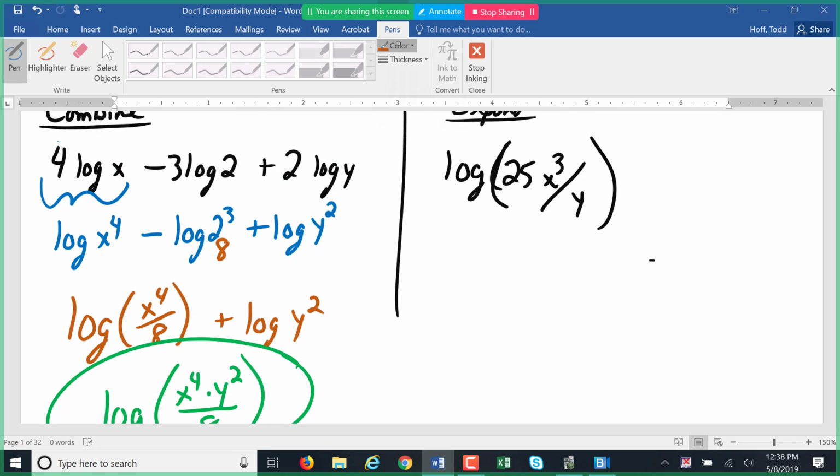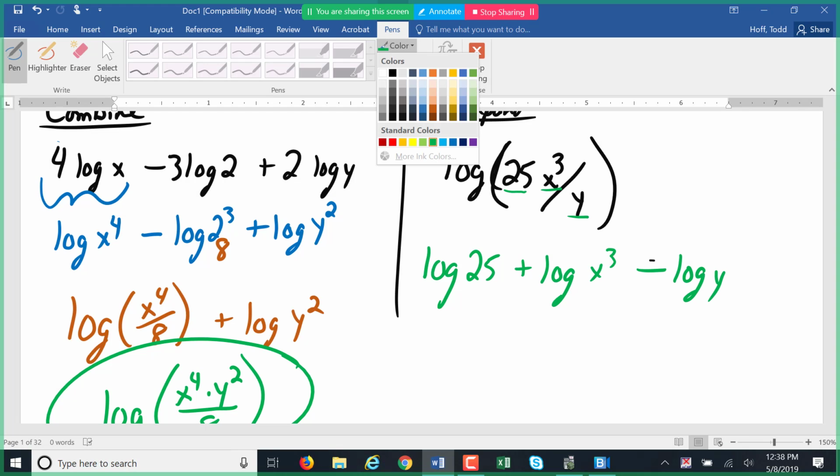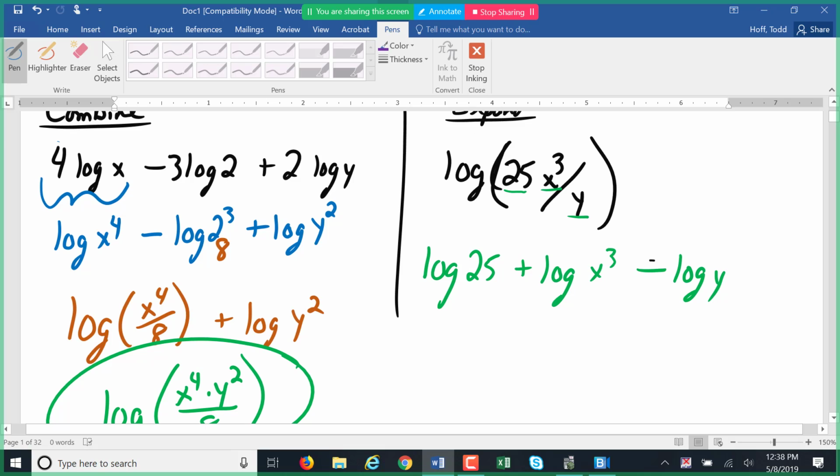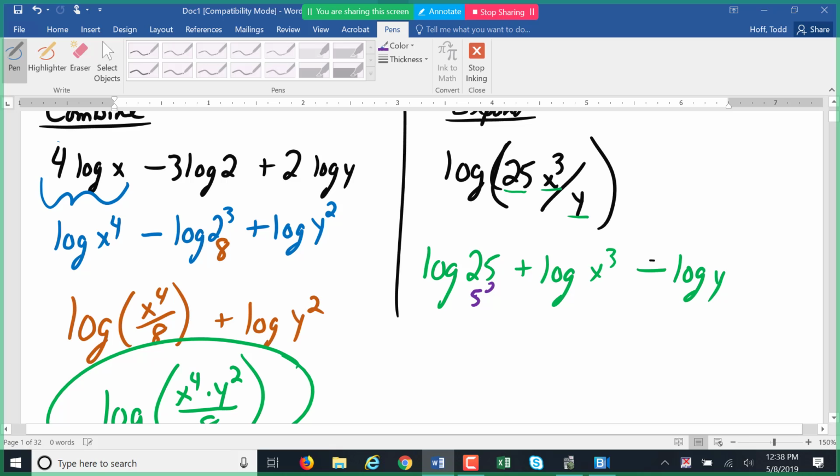So then the second one is asking us to go the other direction. 25 times x to the third divided by y. So that's log of 25 plus, because it was times x to the third, log of x to the third, divided by y, so minus log of y. 25 I'm going to write as 5 squared.